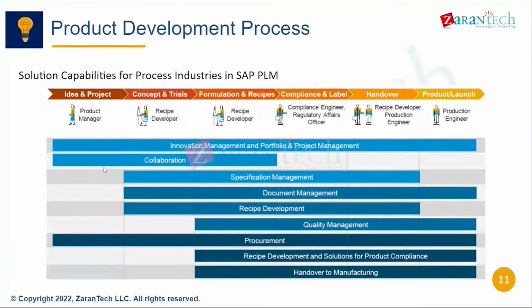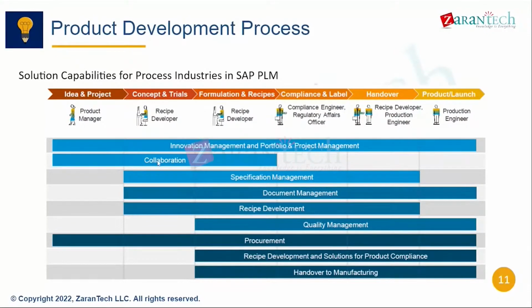Collaboration is where the product manager and recipe developer can track cases where raw materials or components are supplied by a supplier, like how you do in Ariba or in any non-SAP system. Suppose there are n number of suppliers who supply raw materials, semi-finished goods or intermediate products to a manufacturing company using the SAP system.